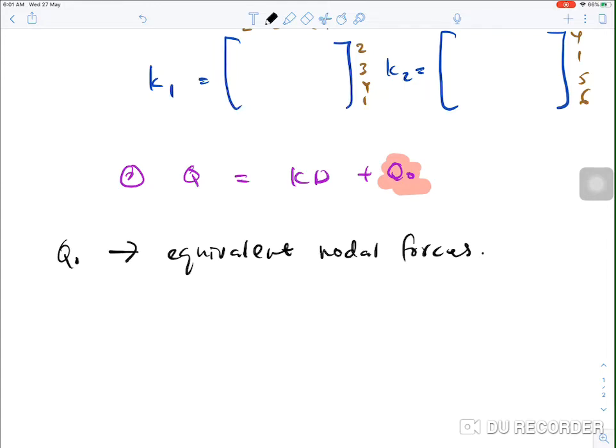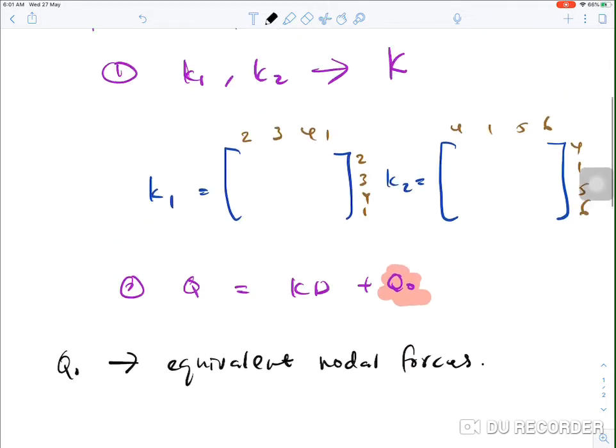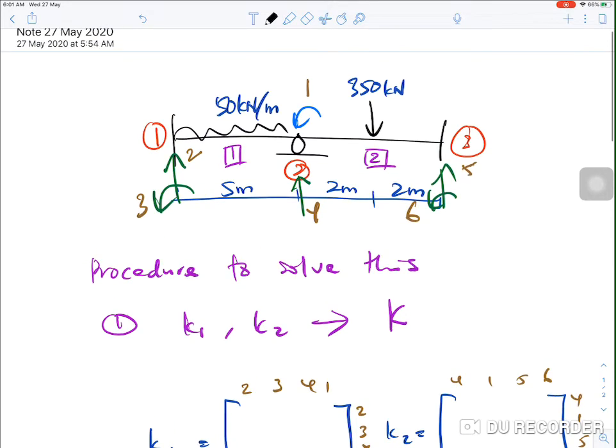If a load is subjected directly at a node, such as a moment at node 1 or a moment at node 2, then it is Q. So for equivalent nodal forces, this UDL is subjected directly on the member, and the point load is subjected on member 2, anywhere on the member, not at the joint.